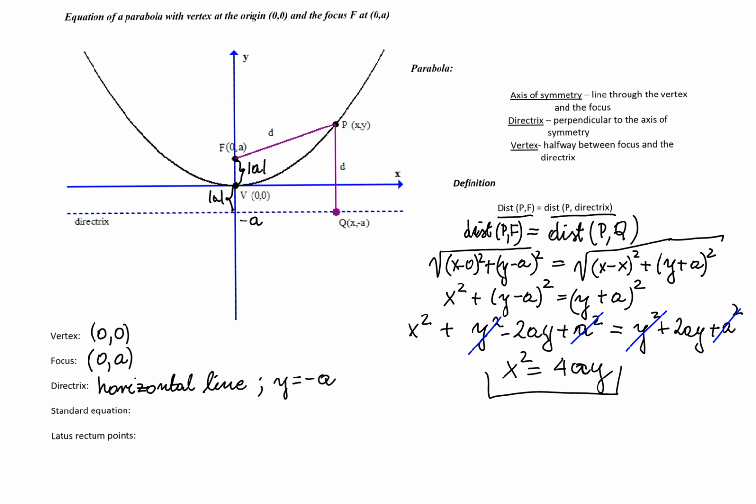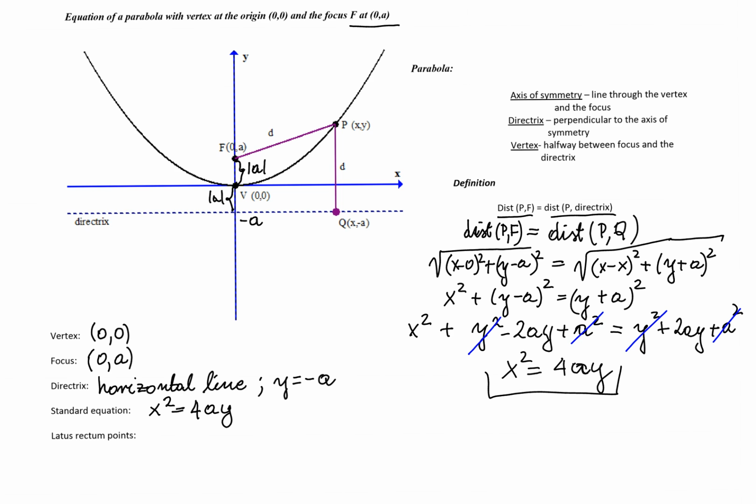This is the standard equation of the parabola with the vertex at (0, 0) and the focus at the point (0, a). Notice that the equation contains the a. This is the same a as the non-zero coordinate of the focus.